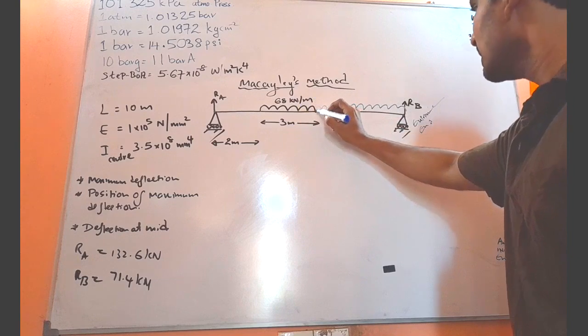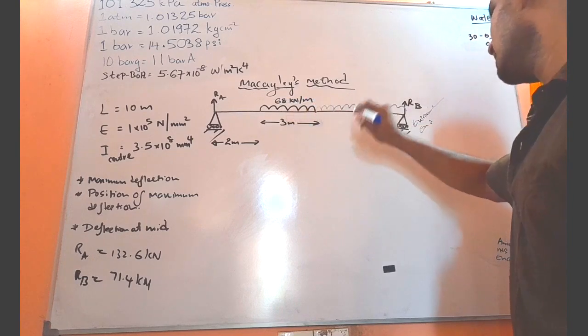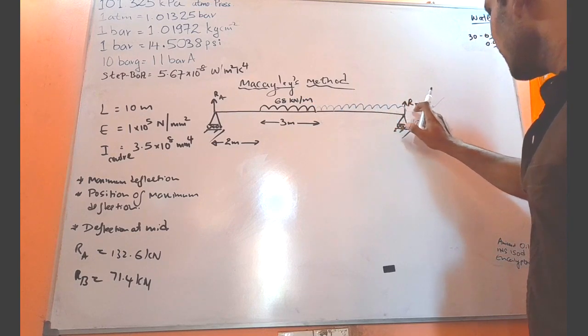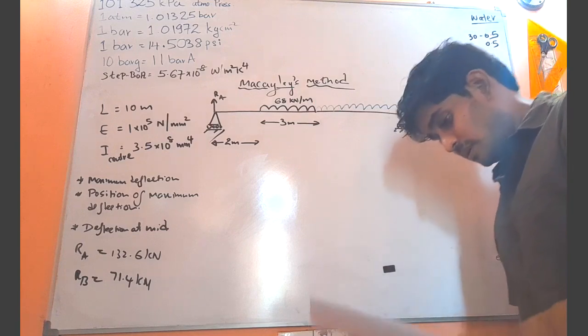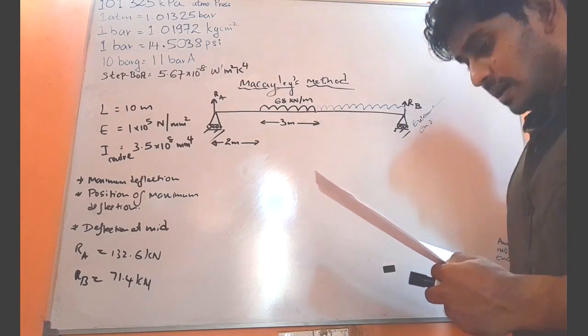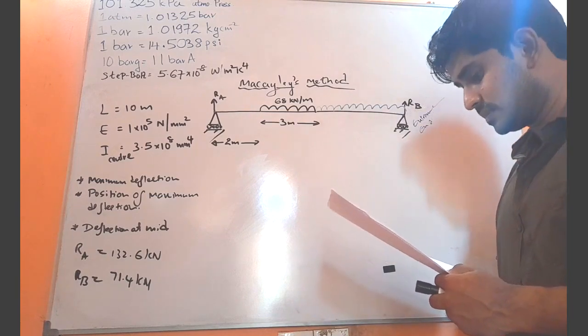So we extend this uniformly distributed load up to the end B. I will read that again: for the continuity of the beam, we extend the span up to the extreme end B in order to adjust the given beam structure.